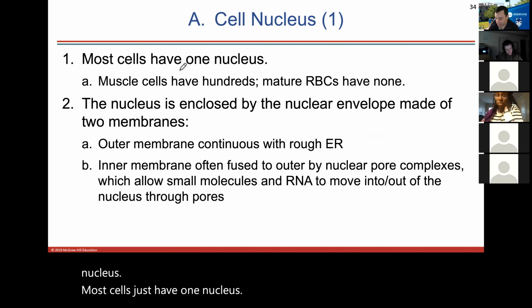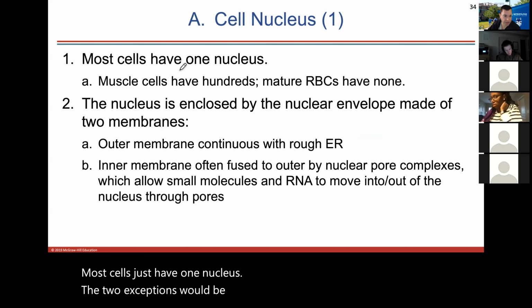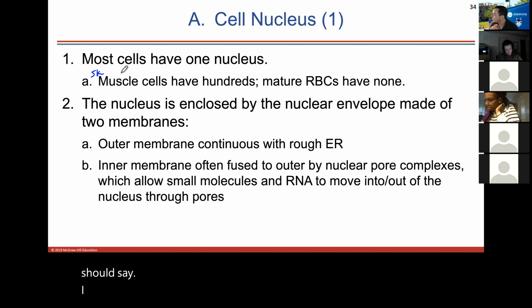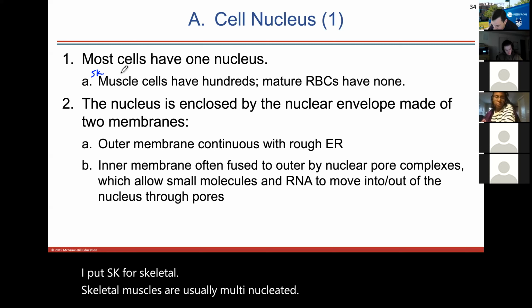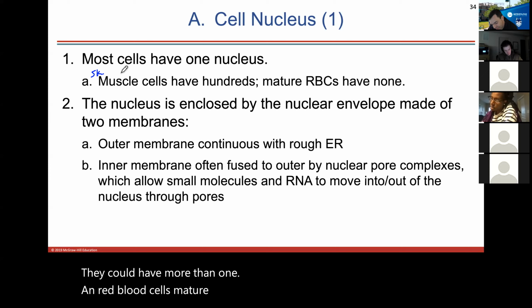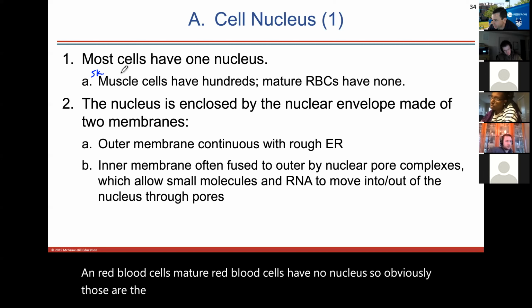The exceptions would be skeletal muscle cells, SK for skeletal. Skeletal muscles are usually multinucleated. They can have more than one. And mature red blood cells have no nucleus. So obviously those are the exceptions to the rule, but everybody else has at least one.